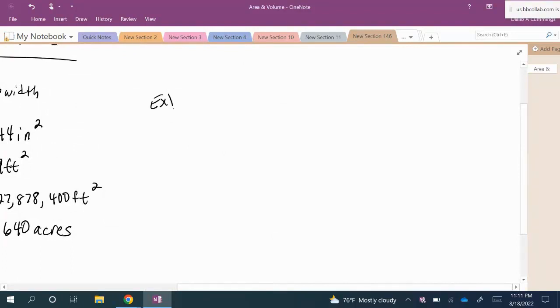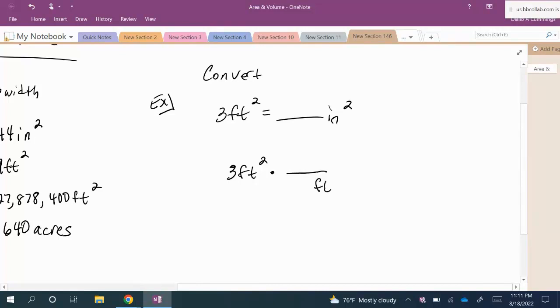So here is our first example. We're asked to convert three square feet to square inches. And so again, we're going to use a unit fraction. So I have 3 square feet. And we're going to multiply that by a unit fraction. Since we want to cancel out square feet, I'm going to put square feet in the denominator.